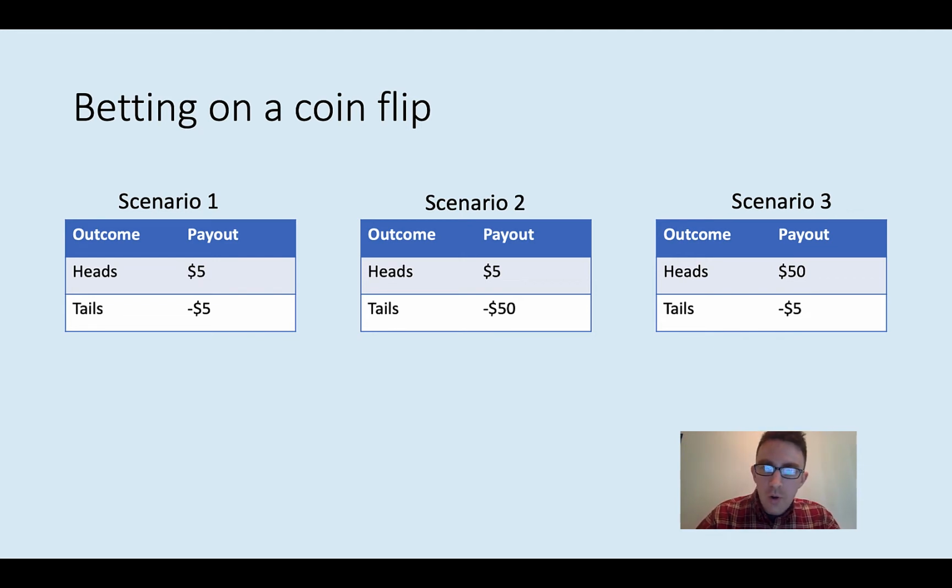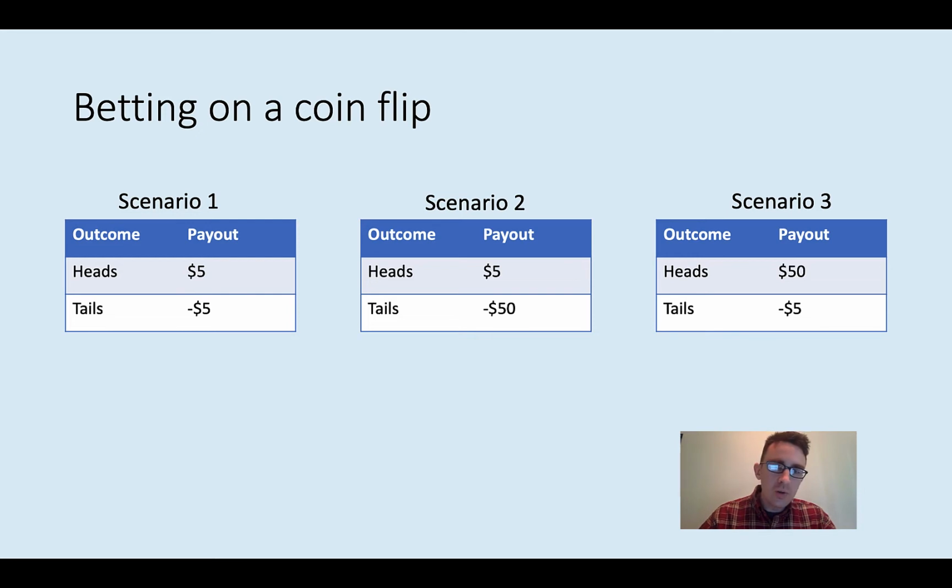Is this a good bet or a bad bet, and is it better or worse than scenario 1? Then scenario 3: if it turns up heads, you win $50, and if it turns up tails, you lose $5. Ponder these three scenarios yourself: which bet seems good, which seems bad, and which seems fair or neutral?